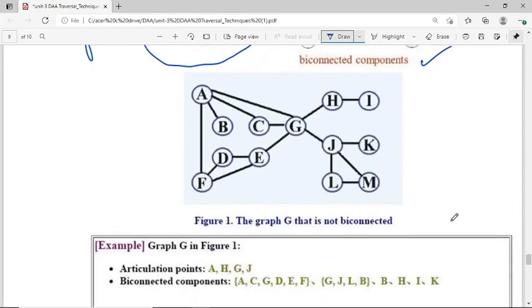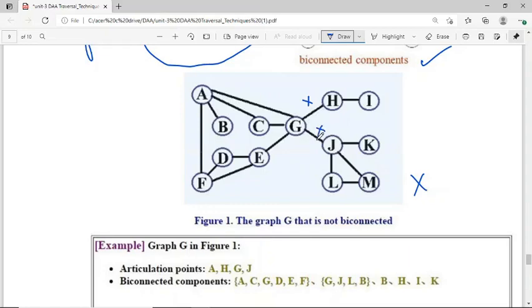So here the graph G is not biconnected. How? Because it has so many articulation points. For example, if we remove the edge from G to H, then it will become two graphs.